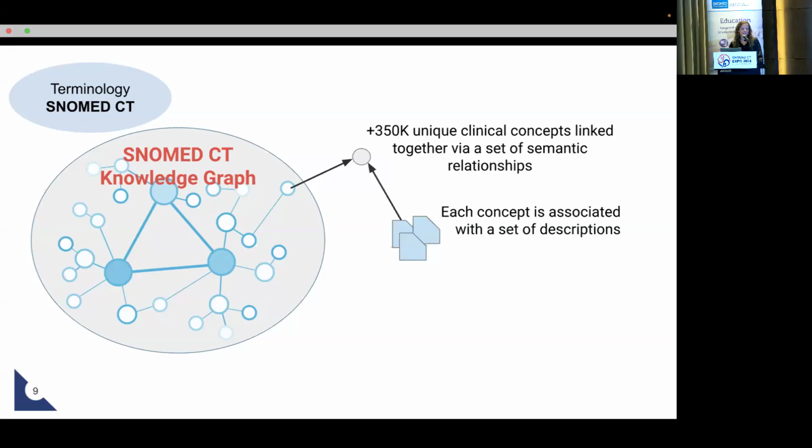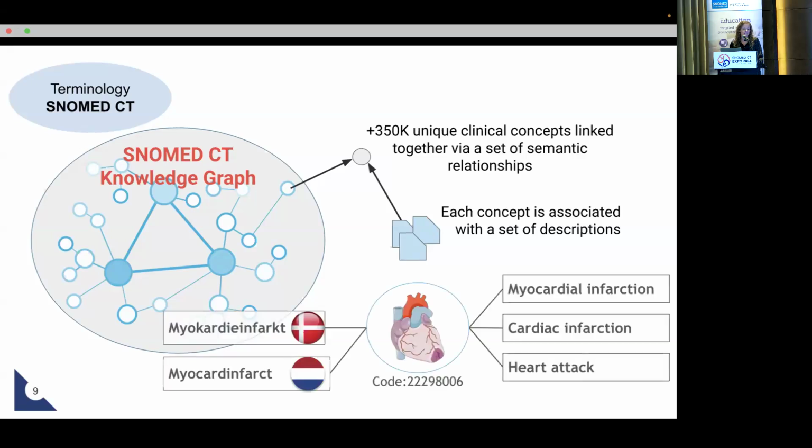And for each of these concepts, we associate them with a set of descriptions. An example you will see here is where one code, the concept myocardial infarction, can have terms in English, in Danish, Dutch, in any country or language you want.